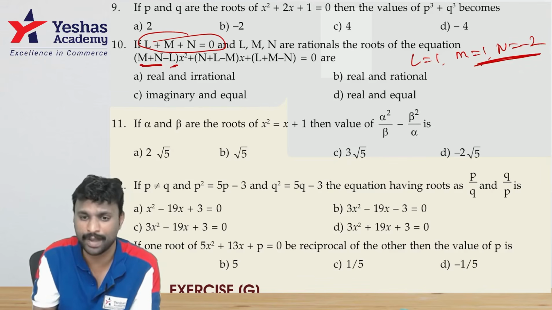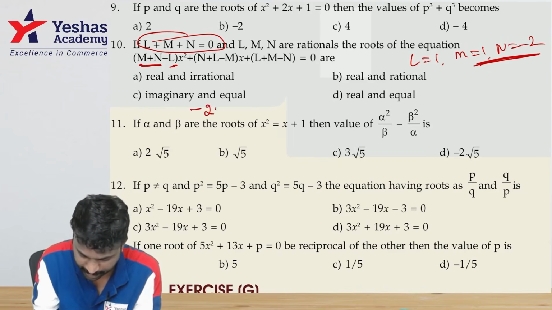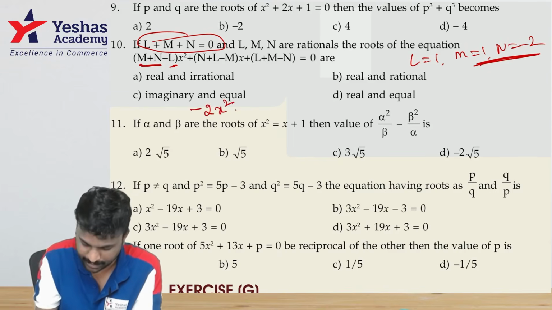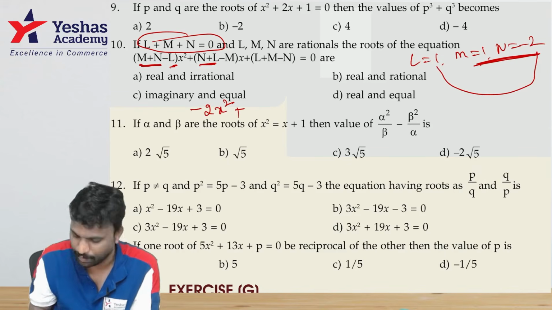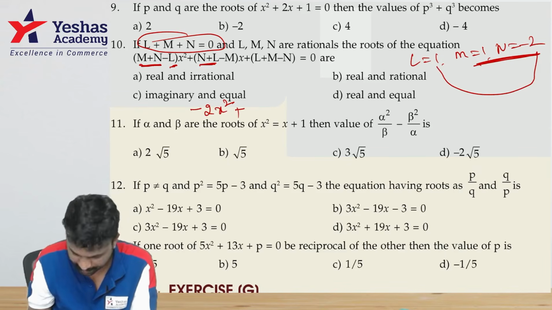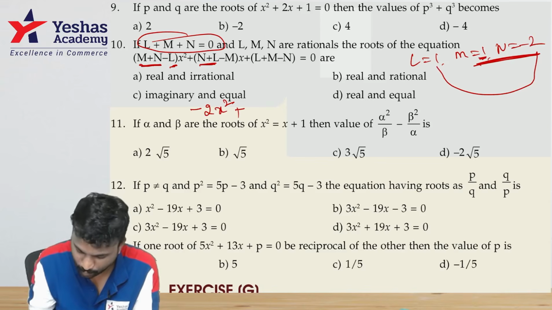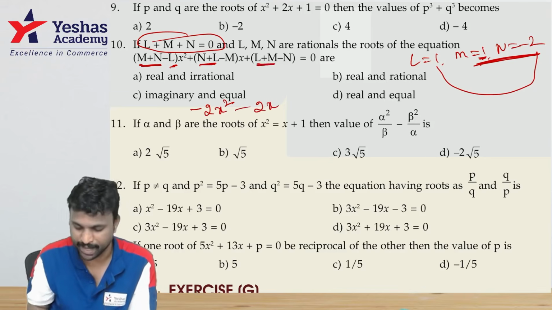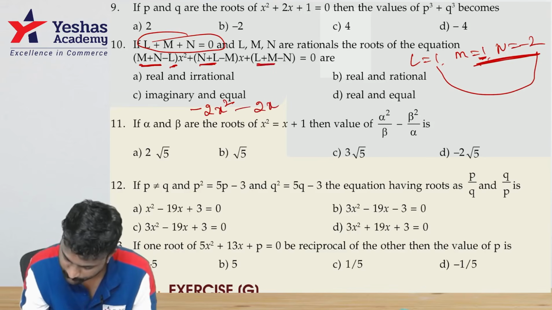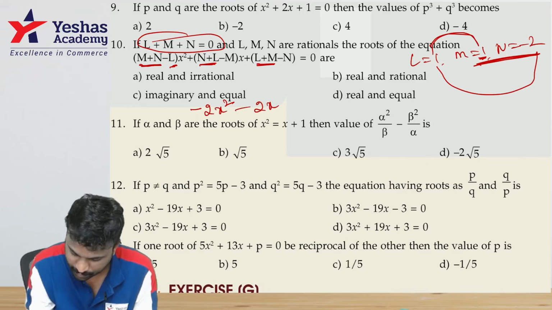So minus 1 minus 1 is minus 2x square. Then N plus L: N is minus 2 plus L is plus 1, so minus 1, and M value is 1, so minus of minus 1 gives minus 2x. And L plus M minus N: 1 plus 1 is 2, minus of minus 2 is plus 2. So finally you get 4 equal to 0.